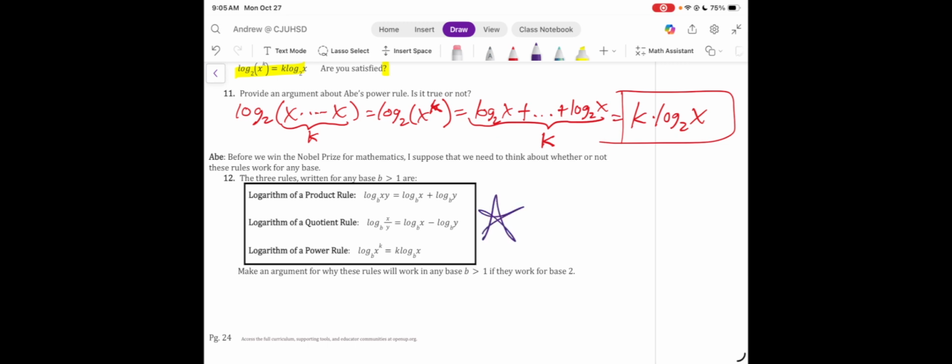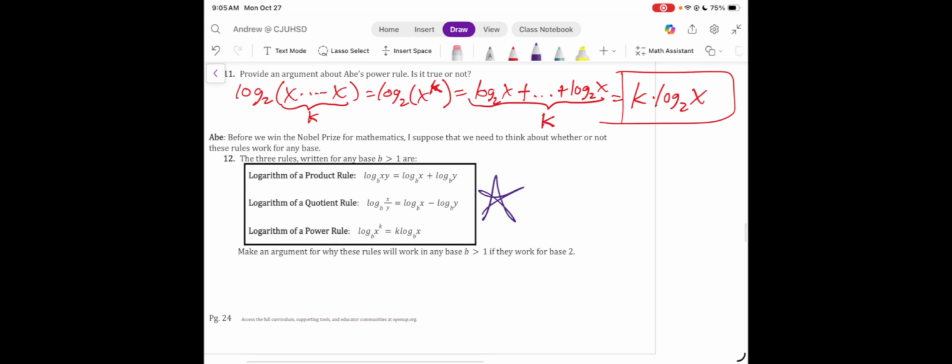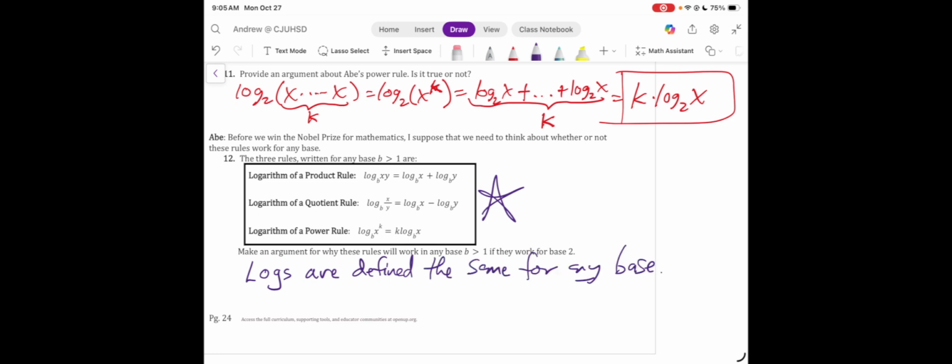Make an argument for why these rules will work for any base greater than 1 if they work for base 2. And the reason is logarithms are defined the same way for any base, and that ought to do it. Logs are defined the same for any base. So it should work.